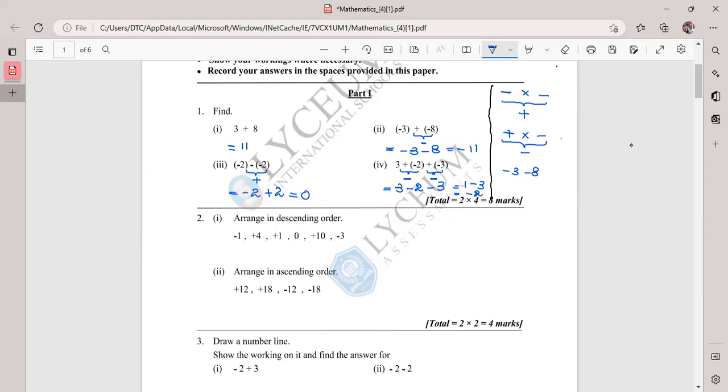If you are not sure how the teacher got this answer, I'll explain it like this, children. I'll bring a few examples, then definitely you will learn this. Let's say you have 5 plus 3, right?